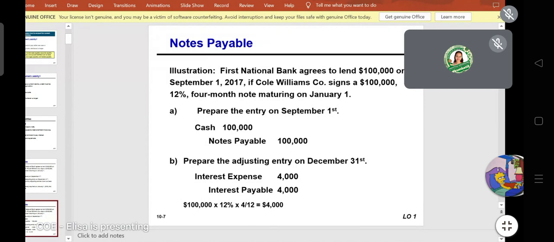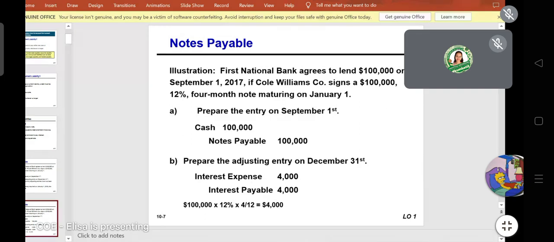We have to pay the equivalent of 4 months of 12%. 100,000 times 12% is 12,000, for 4 months that is 4,000. So we record interest expense of 4,000 and then credit interest payable of 4,000.